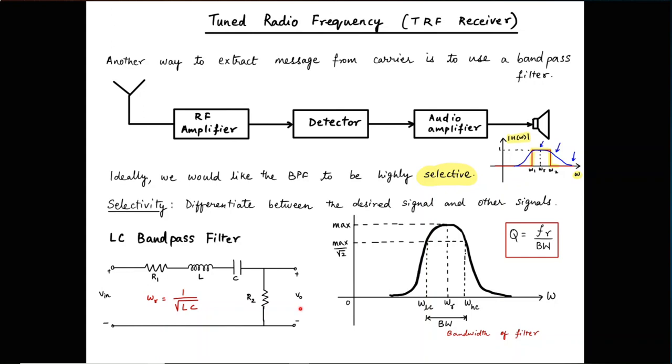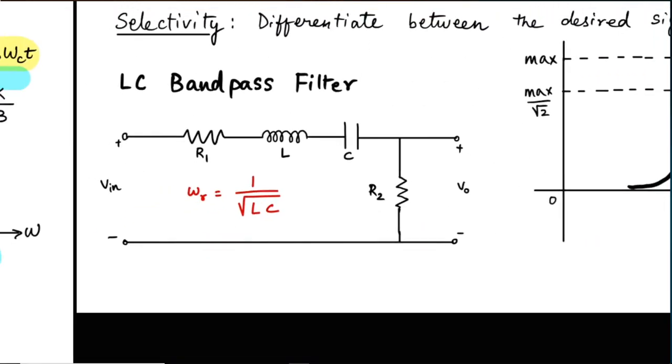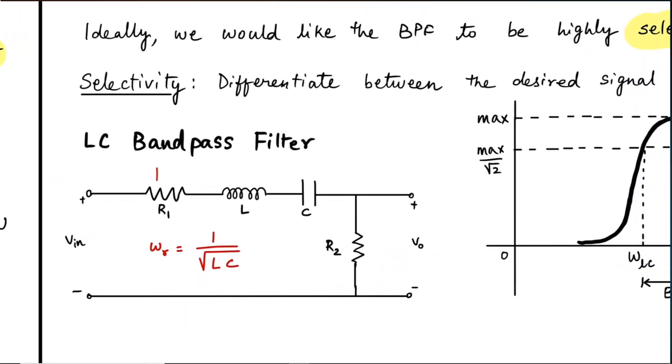So how do I find the frequency response of this bandpass filter? How do I derive that? Well, you would need the impedance of these elements. So I can write that as R1 here, j omega L over here, 1 over j omega C over there, and R2 over here.